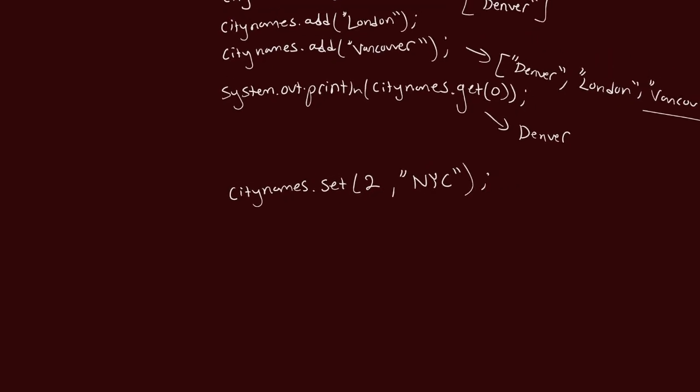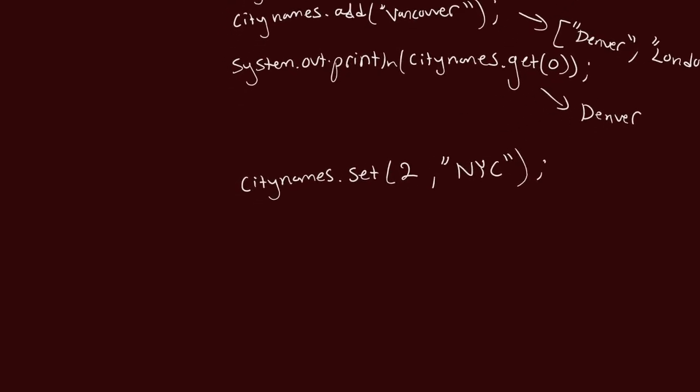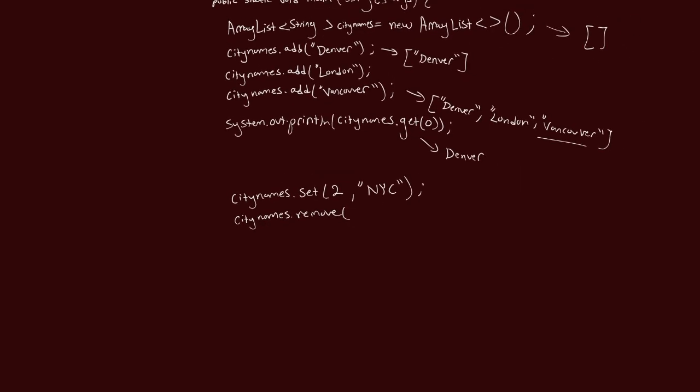What else can we do? We can also do cityNames.remove, and let's say I want to remove the second index. Sorry, the first index. So I can just do 1, and it deletes this from our array list.